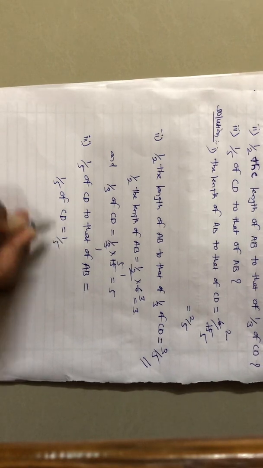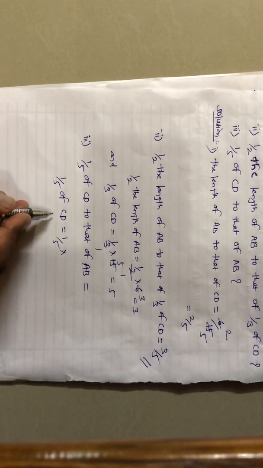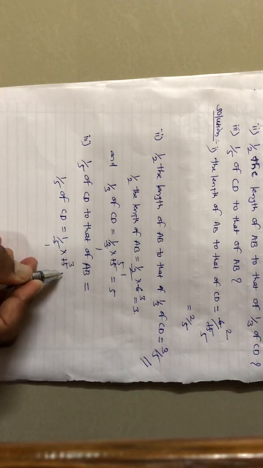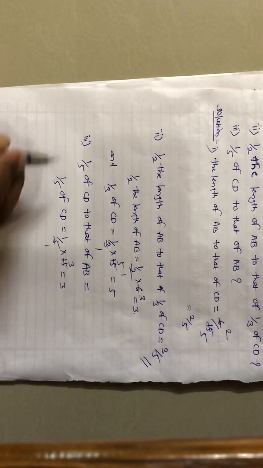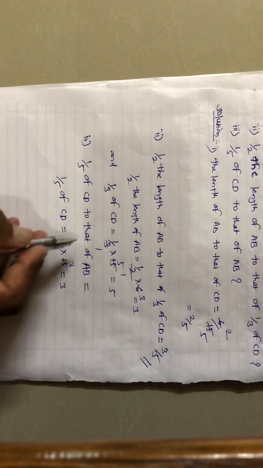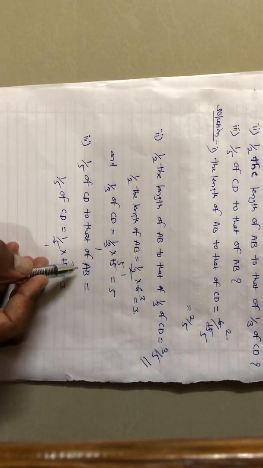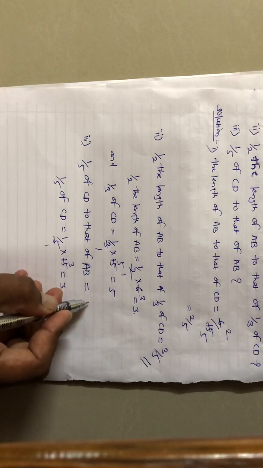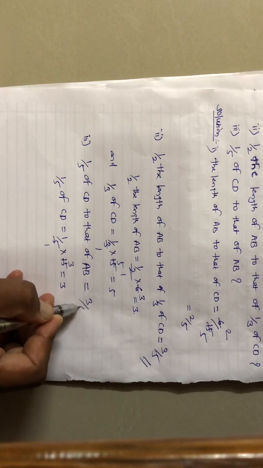So 1 upon 5 of means multiplication, CD is 15. So 5 1s are 5, 5 3s are 15. So answer is 3. So therefore 1 by 5 of CD means 3, to that of AB. So length AB is 6 centimeter. So their fraction is equal to 3 divided by 6.